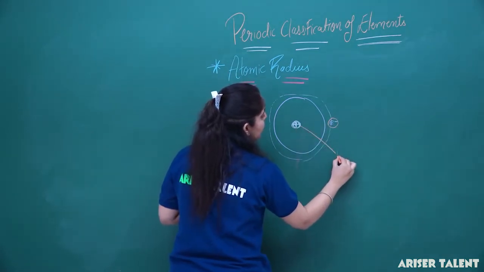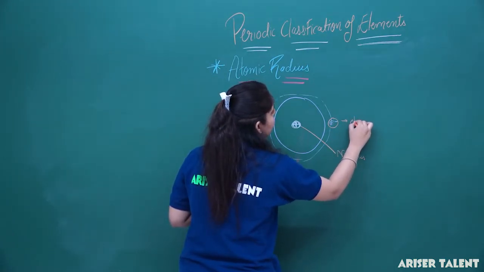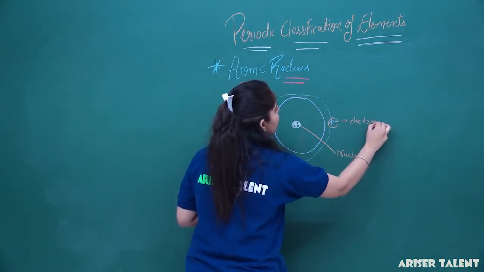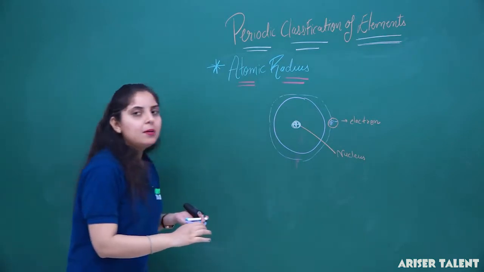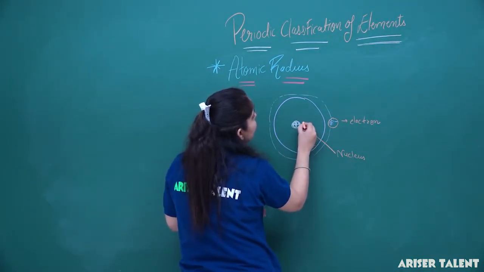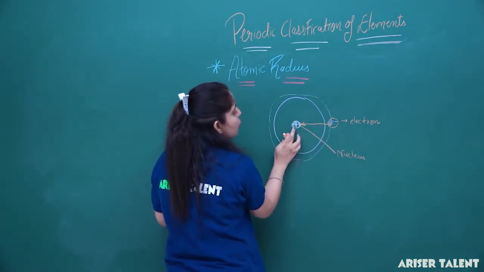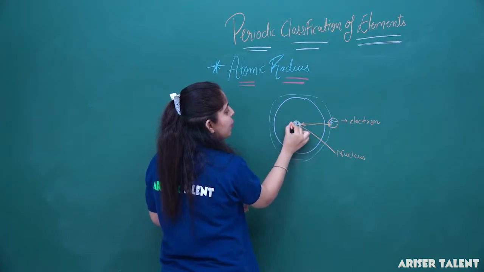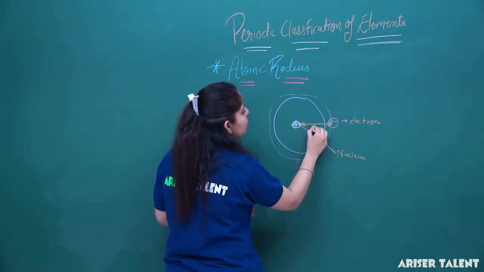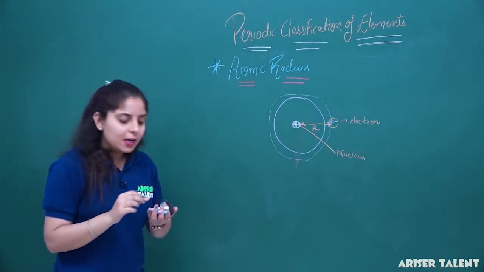So, this part is nucleus and this part is electron. So, what is atomic radius? In an atom, atomic radius is actually the distance between the nucleus and the electron. So, the distance between the nucleus and the electron is known as atomic radius. So, this is actually the atomic radius.